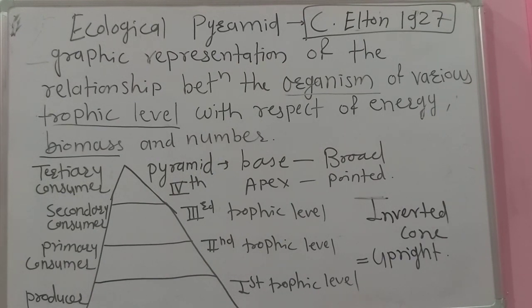Then this ecological pyramid is divided into 3 types.